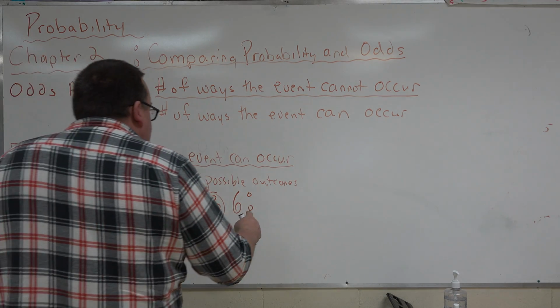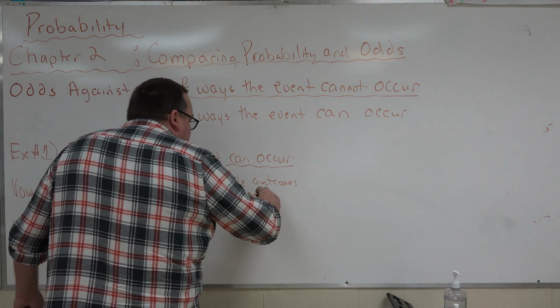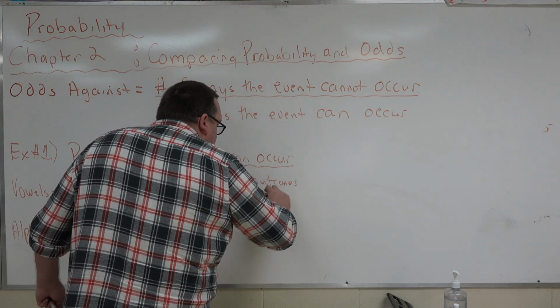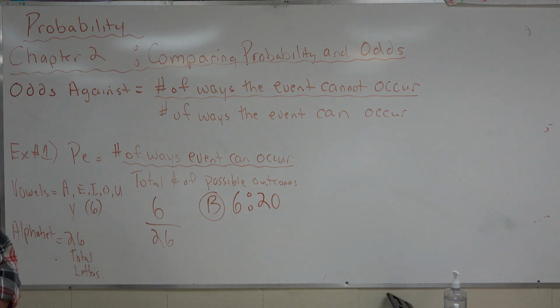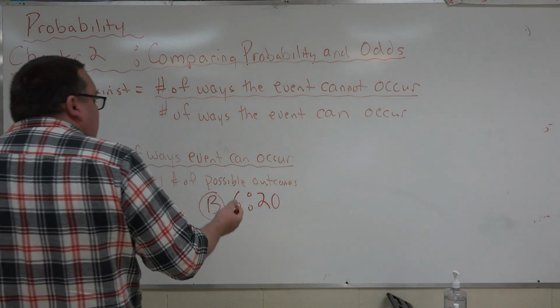It's not going to be out of 26, because we have already taken 6 out of that 26. We will have 20 other letters that are not going to give us the one we want. So the number of ways the event cannot occur will be 20, because we've taken the 6 vowels that are what we're trying to get in odds in favor.